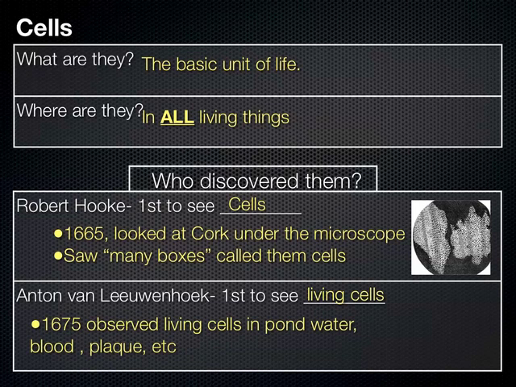He looked at blood and saw that blood is not just a red liquid, it's actually made of small little parts that are cells. He looked at plaque, the gunk between people's teeth, and he saw bacteria living in that. And so he saw all of these things, and that allowed him to further expand on what Robert Hooke saw.